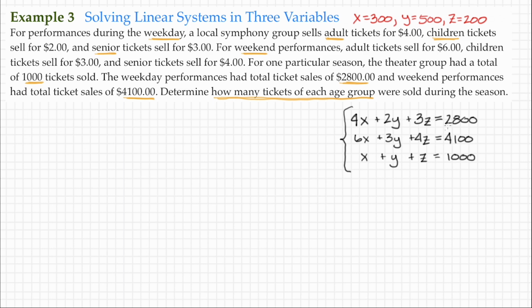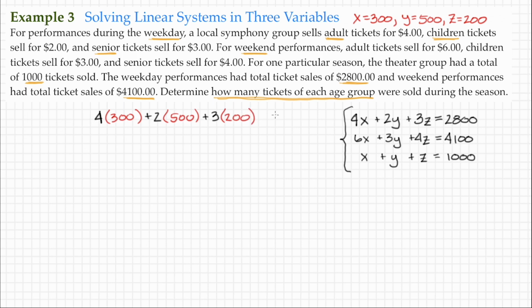So here is our original linear system that models this scenario. So we'll go 4 times x, and x is 300, plus 2y, 500, plus 3z, and z is 200.